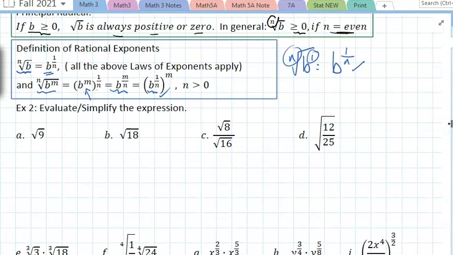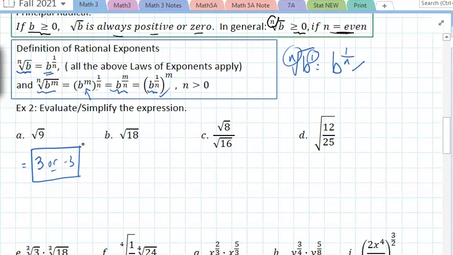First things first, I'm looking at this problem, and this is asking, what do you multiply by itself to get 9? Well, a 3 or a negative 3. If you multiply 3 by itself, you get a 9. 3 times 3 is 9.